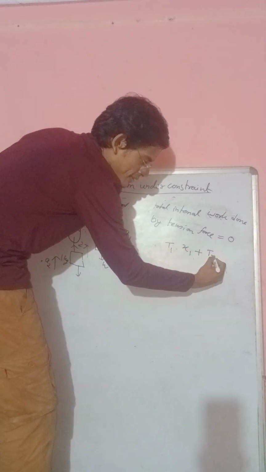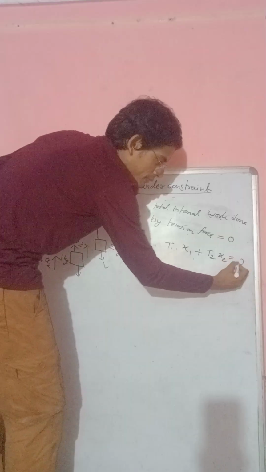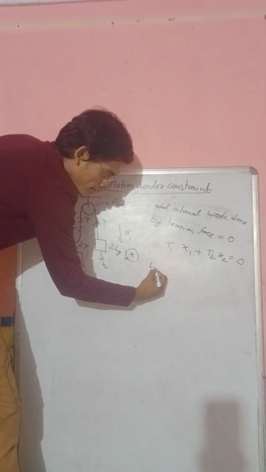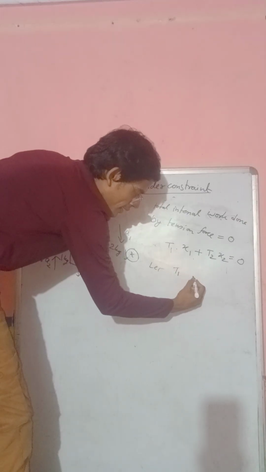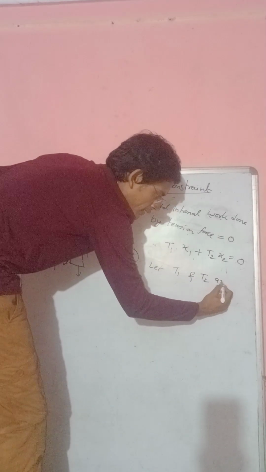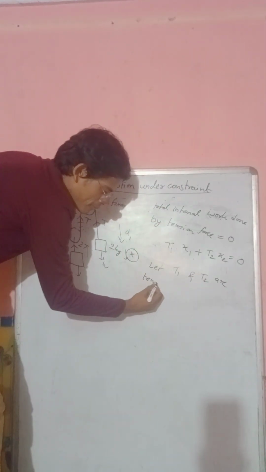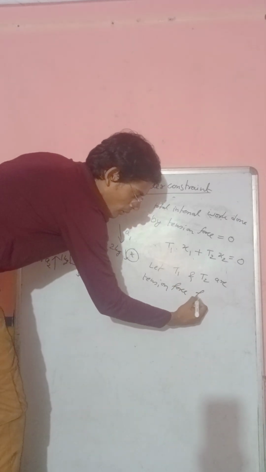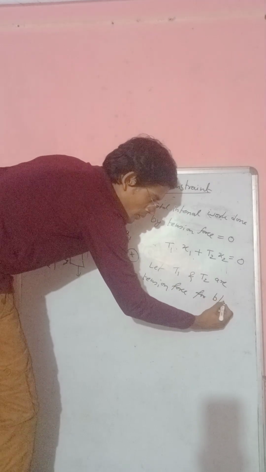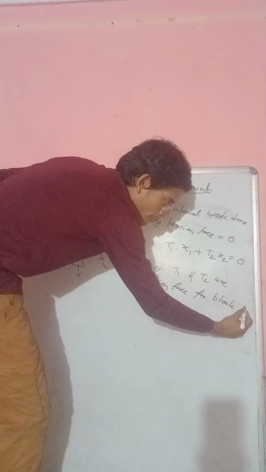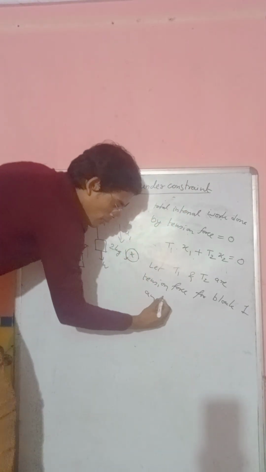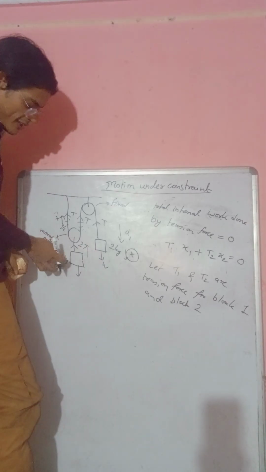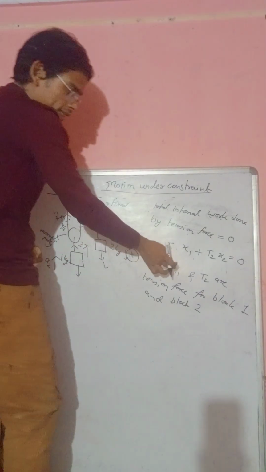Let's say T1 and T2 are the tension forces for block 1 and block 2. That means for this block and this block, the tension forces are T1 and T2.